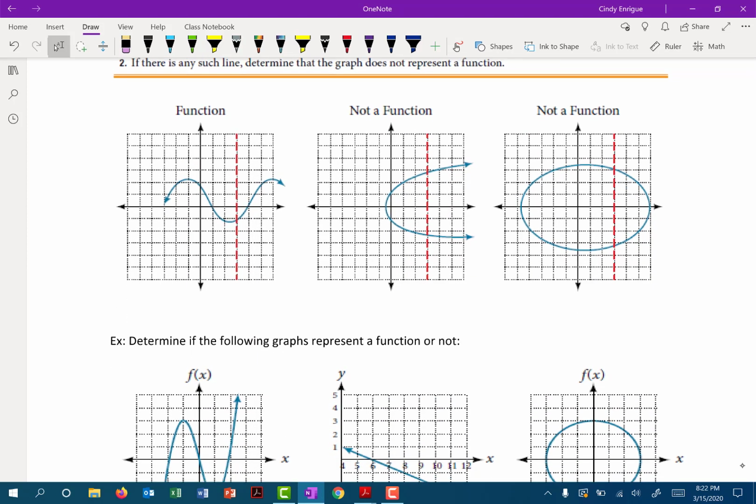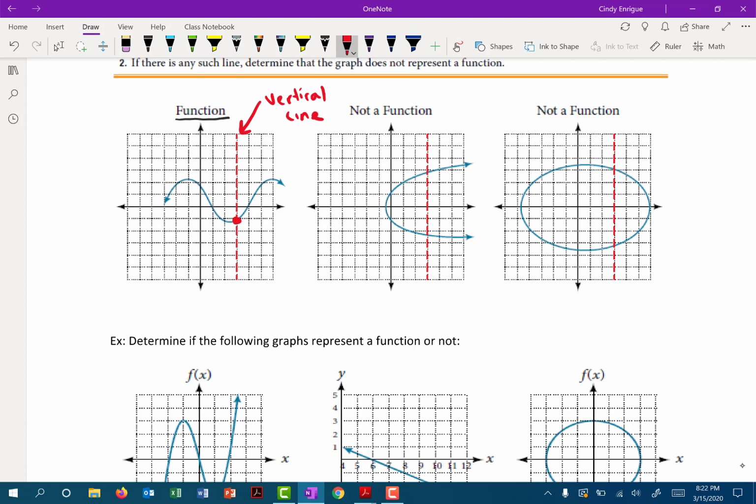For example, here, you see this vertical line in red. So maybe I'll just point that out. This is my vertical line. I can see that it only crosses my graph once. Therefore, I definitely know that this is going to be a function.